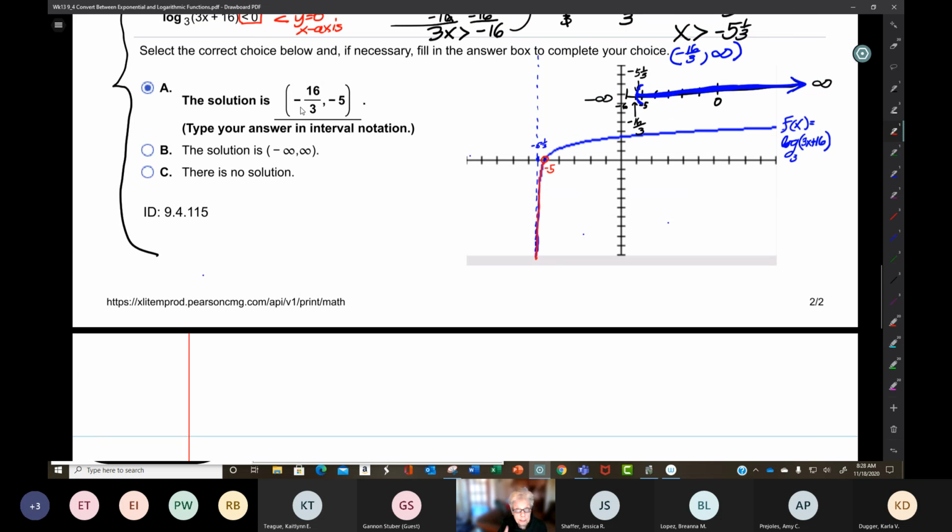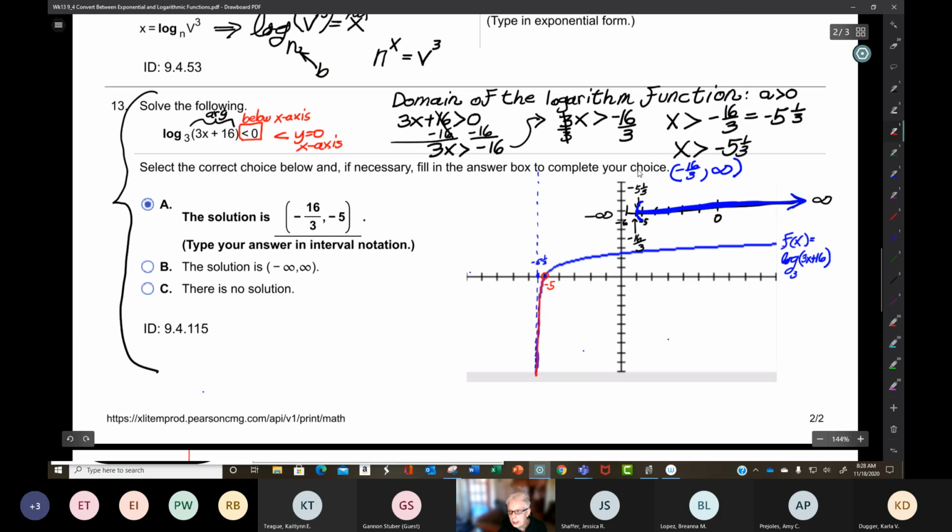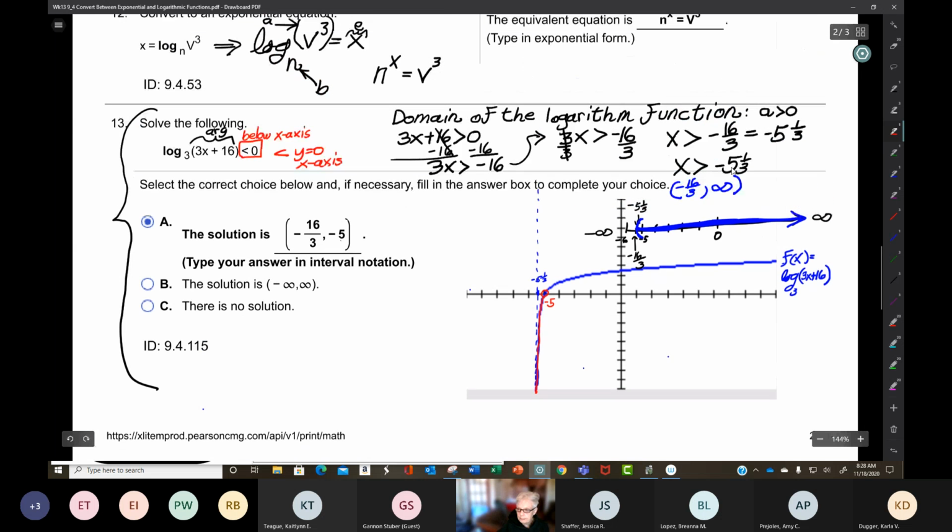The solution to this particular problem is this. From this line, but not including the actual -5 1/3, because over here we saw that this has to be to the right of -5 1/3. Can't be on it.